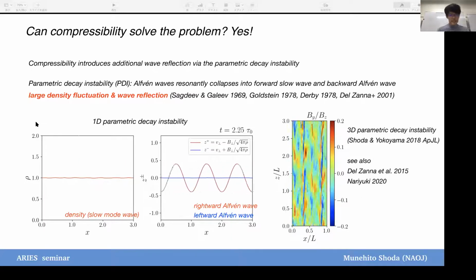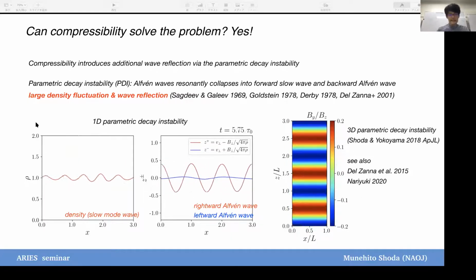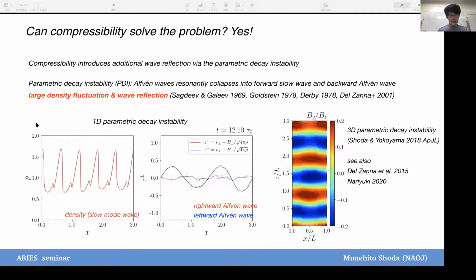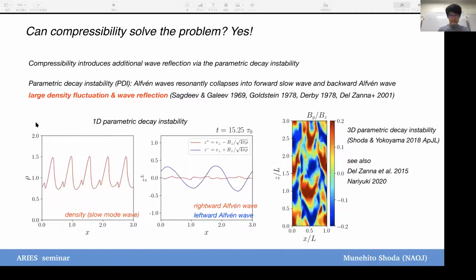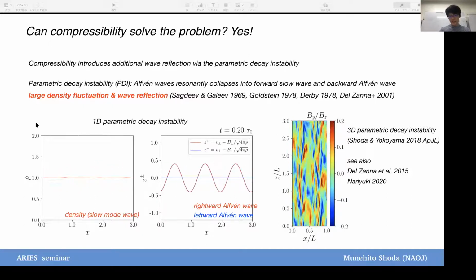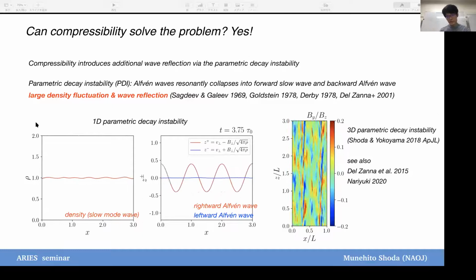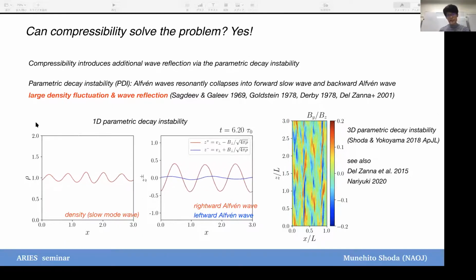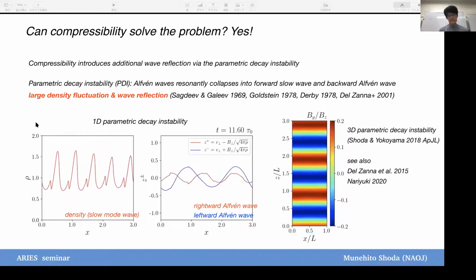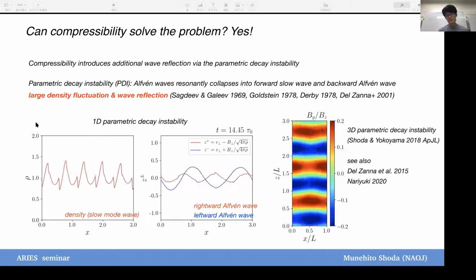So the parametric decay instability is an instability of an Alfvén wave. And in this parametric decay instability, the initial Alfvén wave resonantly collapses into a forward slow mode wave, or acoustic wave, and a backward Alfvén wave. And it generates very large density fluctuation and resultant wave reflection.